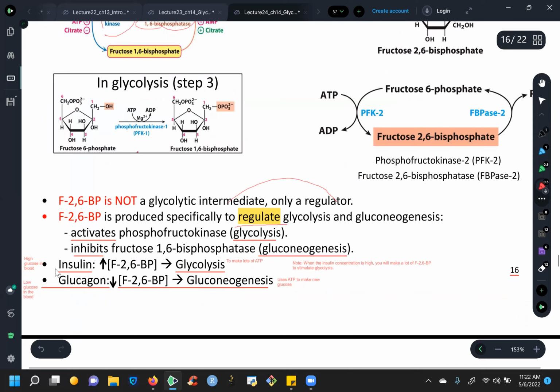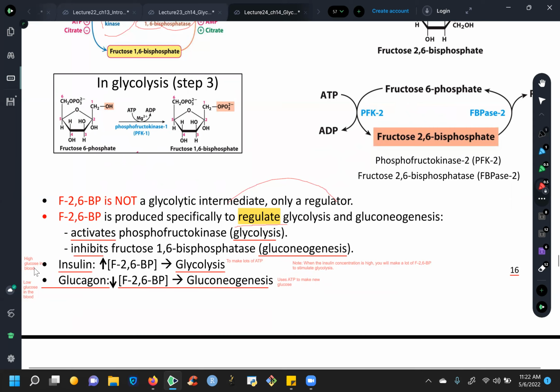Insulin is when there's high glucose in the blood. Glucagon is when there's low glucose in the blood. And then what happens? What does it promote? So insulin promotes glycolysis when you've just eaten. In the exam, I'm trying to tell you things the way I think she might ask them, because she wants you to go full circle with these concepts.